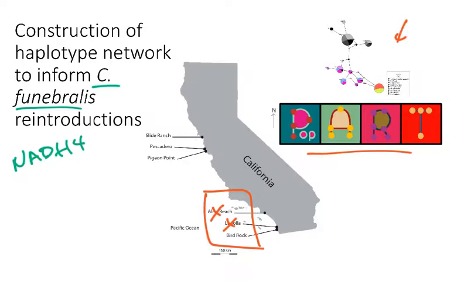So I have data from these 3 populations and also from another site called Abalone Cove that's near LA. And so I have sequences for individuals from all of these different sites. You could build a haplotype network and then see what the distribution of haplotypes is and see if it makes most sense for individuals from one geographic region to be moved in to facilitate reintroduction for this species.